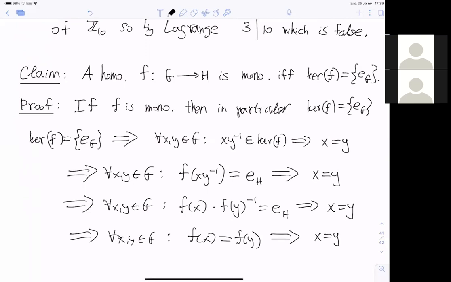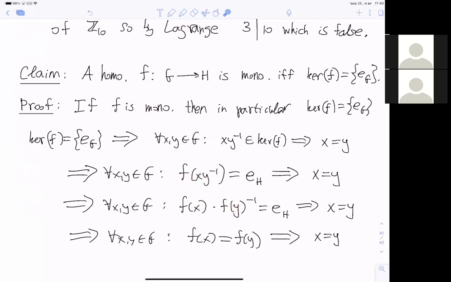And this is exactly the definition of being injective. If you have the same target, it must be the same source. But this is only because f is a homomorphism. If it wasn't a homomorphism, we couldn't write this from this.